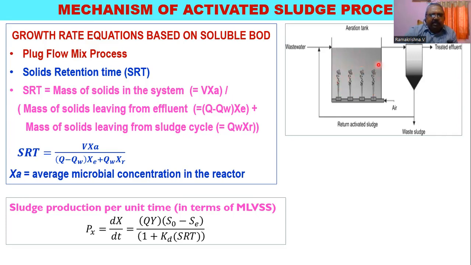Therefore, we consider the average concentration of MLVSS or MLSS in this equation. And how much sludge is produced per unit time in terms of MLVSS? We calculate the change of solids concentration per change of time, dX by dt, using the formula Q Y (S0 − SE) / (1 + KD × SRT). Using this formula, we can calculate the sludge production per unit time in terms of MLVSS.